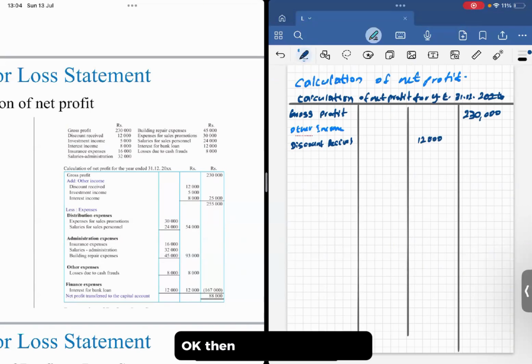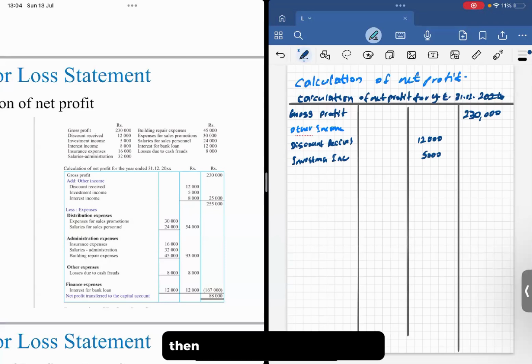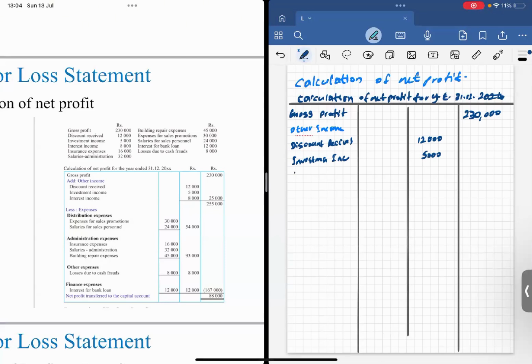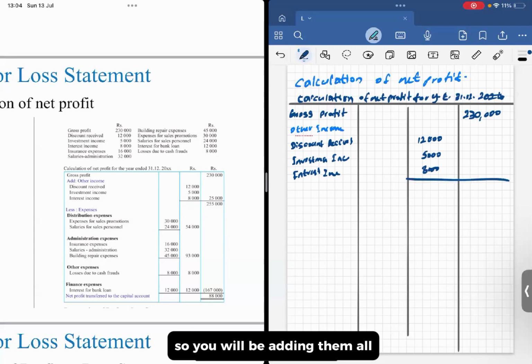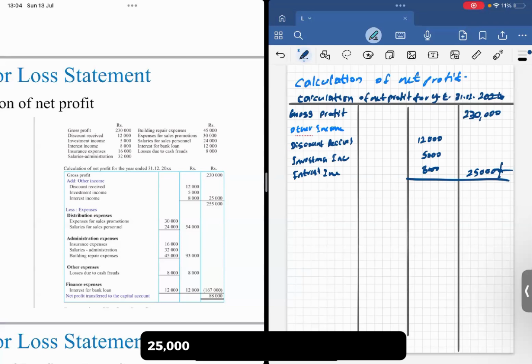Then investment income, that is also other income, which is 5,000. Then comes the interest income, which is 8,000. So you will be adding them all, which is 25,000. You add it to the gross profit, which will be 2,55,000.